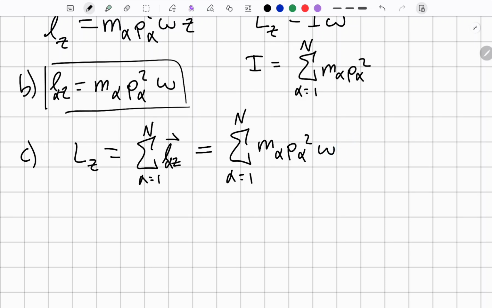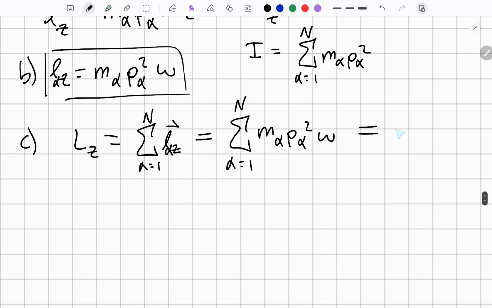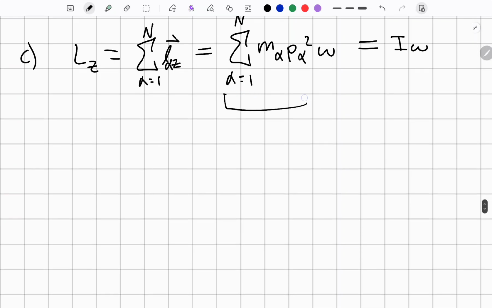From this we can see that if we're saying this is equal to I omega, that moment of inertia times the angular velocity, this part must be our I. So therefore we have I equals the sum from alpha equals 1 to n of m alpha rho alpha squared.